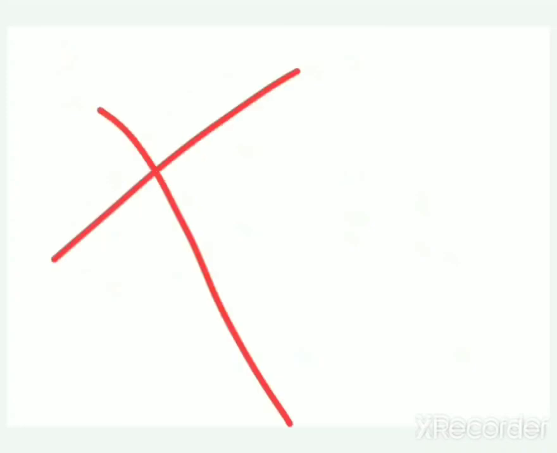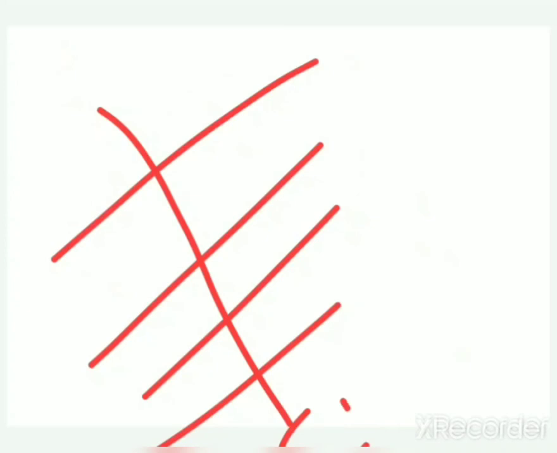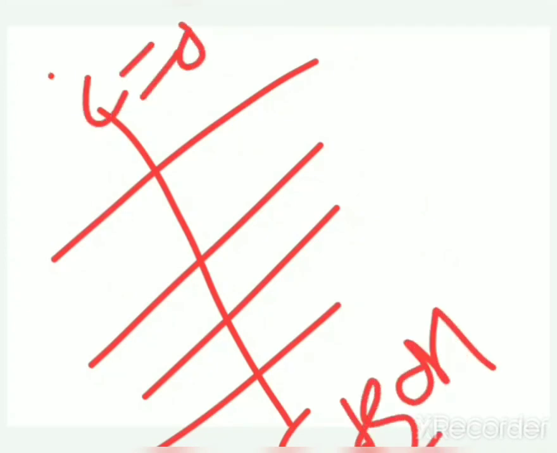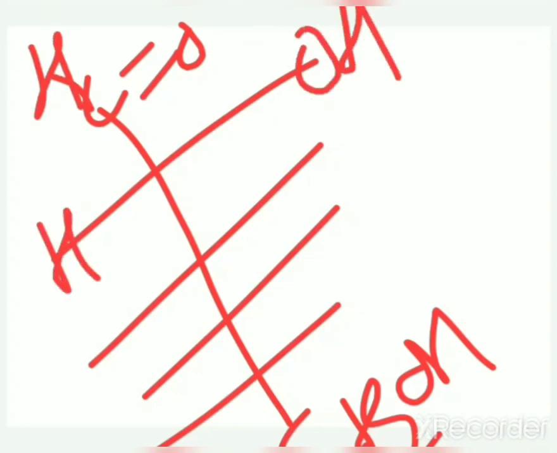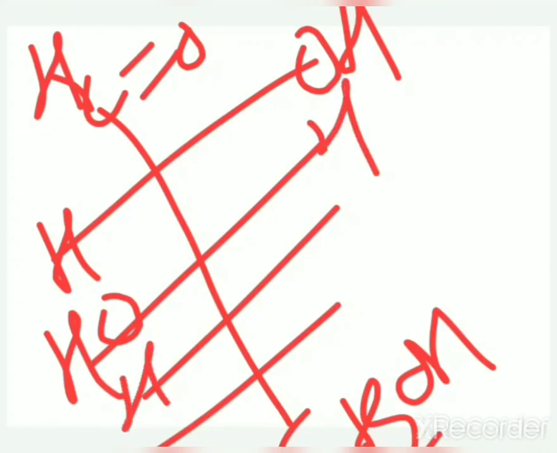Once again I can draw the glucose structure: CH2OH, CHO, the OH group on third carbon on the left side.